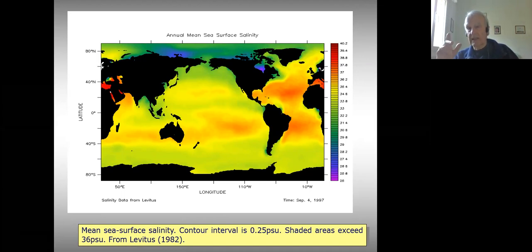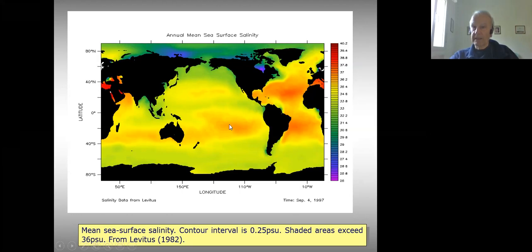But this is not valid only for the ocean. In the ocean, you can see this signal very easily from the salinity. And on the land, you can see that these positive E minus P, reddish areas correspond to the presence of deserts on the continents. This is the African desert. This is the desert in the United States, and here are the desert areas in the Asian continent.